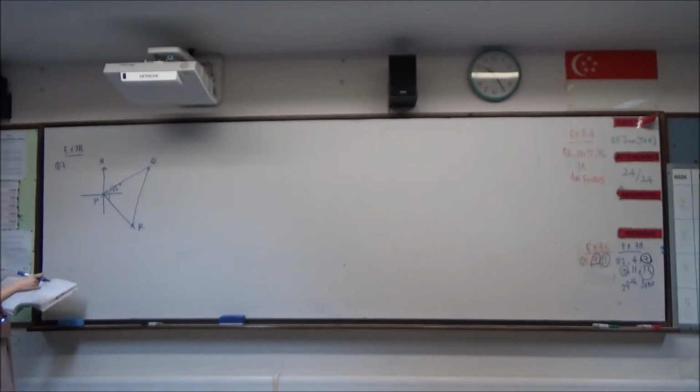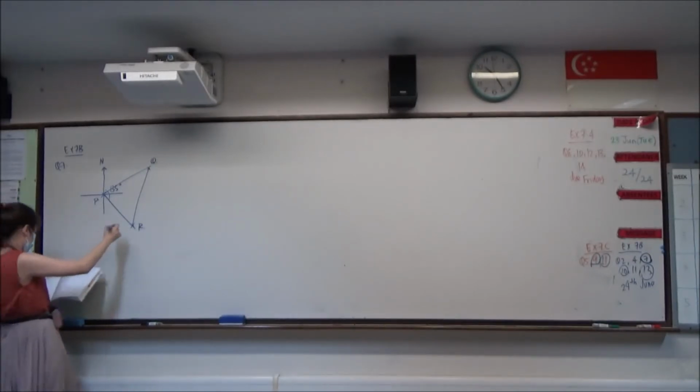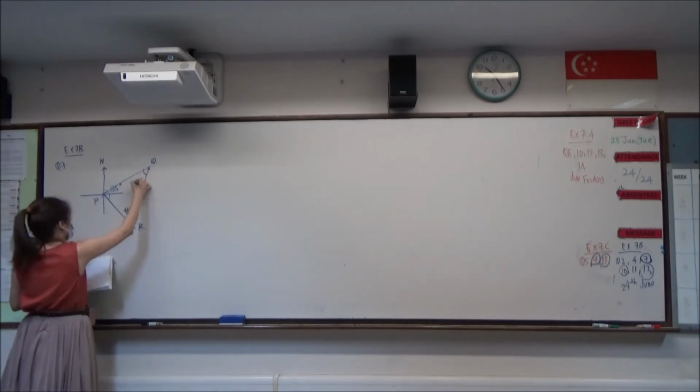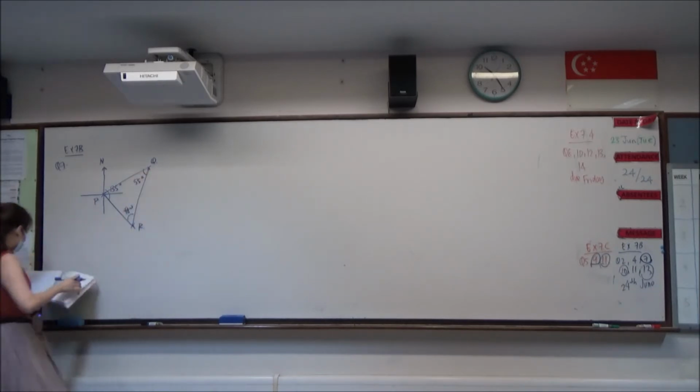Okay, so one way is to have the diagram drawn in this manner, right? Where we have 48 degrees here, and then also 55 degrees over here.